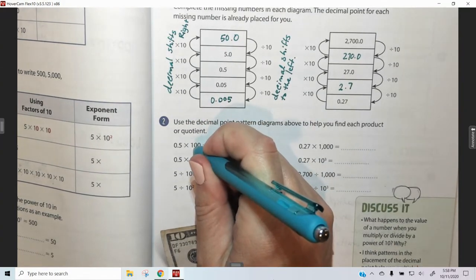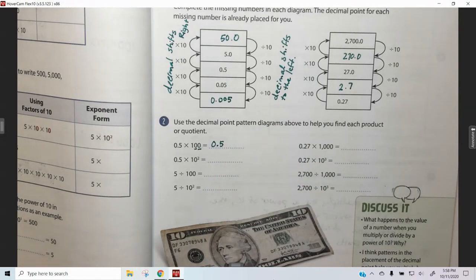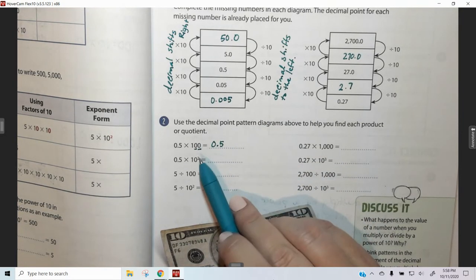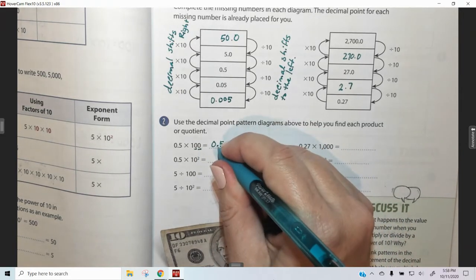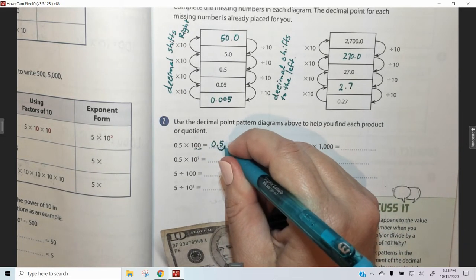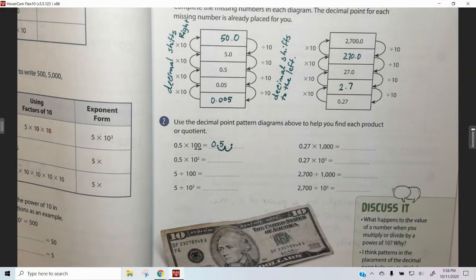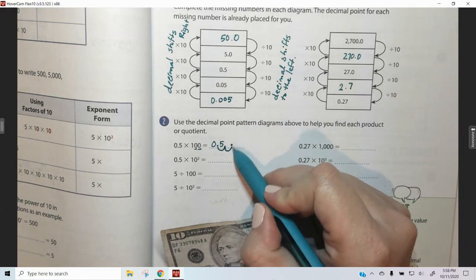We know that however many zeros we have, that's how many times our decimal is going to need to move, because this is telling us that we're multiplying by 10 two times. So this decimal, because there are 2 zeros, is going to shift 2 times. So it shifts over 1, 2.